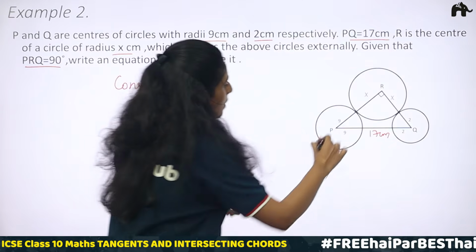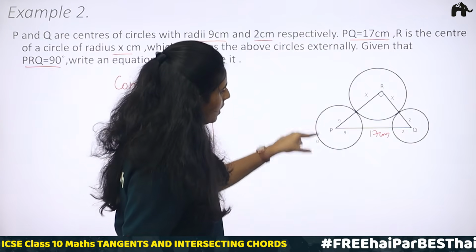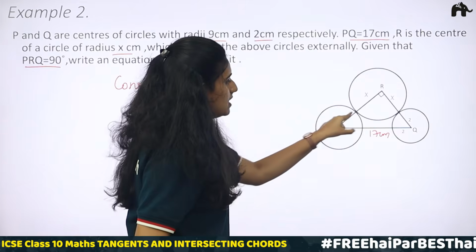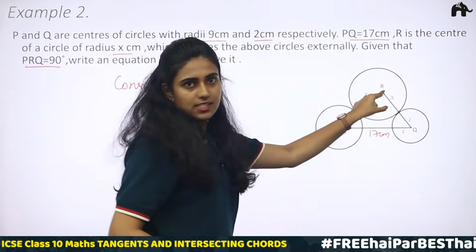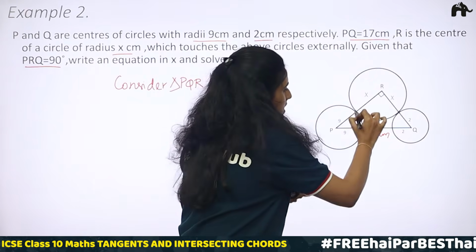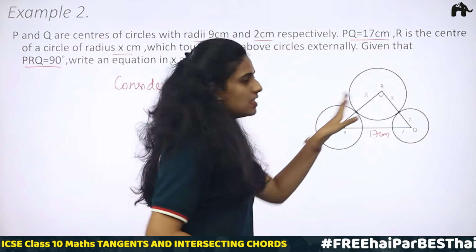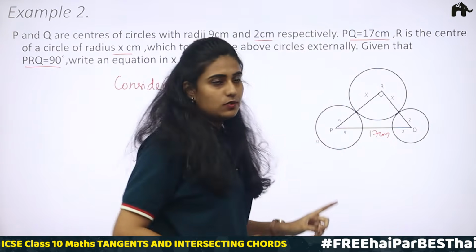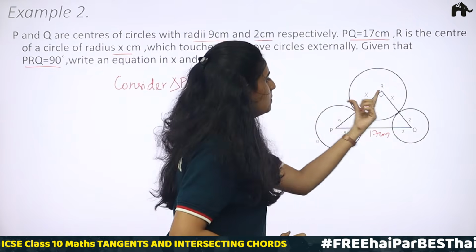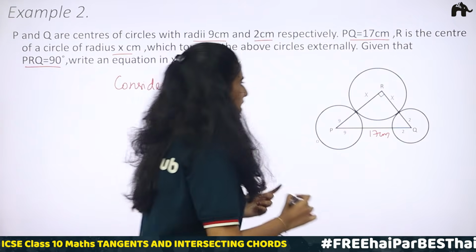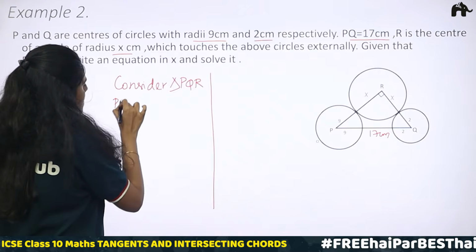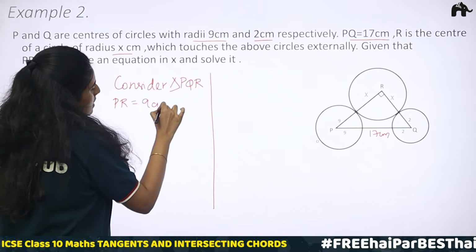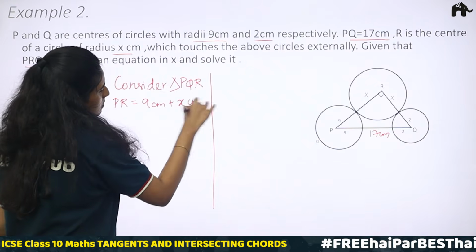What about PR? PR will be equal to this 9 centimeter plus x centimeter because they are touching externally. R1 plus R2. This distance between the centers of circle will be radius of first circle plus radius of the second circle. We have PR is equal to 9 centimeter plus x centimeter.